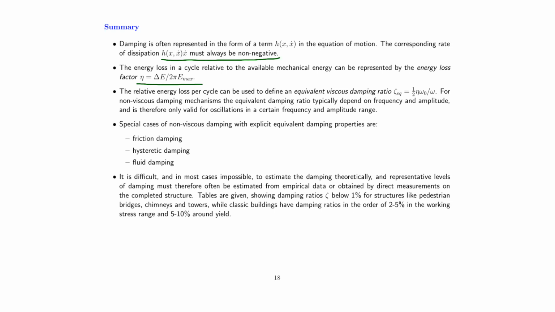You will have a loss factor that represents the link between your nonlinear damping mechanism and viscous damping by this relation to the equivalent viscous damping ratio. You could have different damping models, friction, hysteretic, fluid damping, and in most cases it's actually quite difficult to estimate the damping. So that is actually an ongoing research area where we hopefully within the next decade will make some huge advances and be much better at estimating the damping in real life structures.